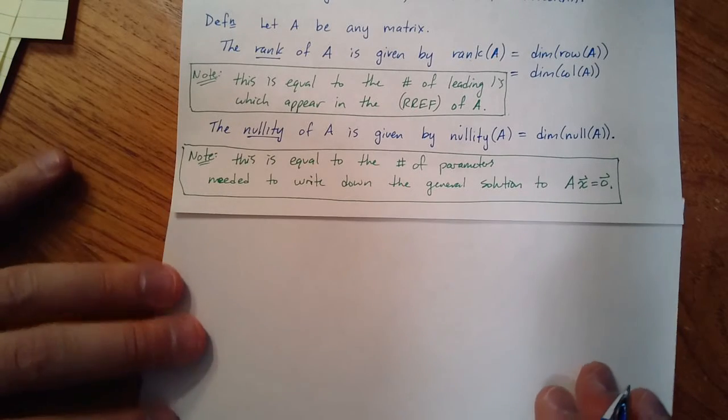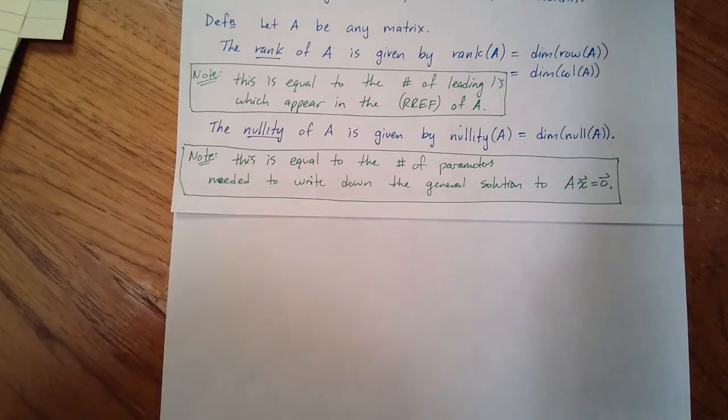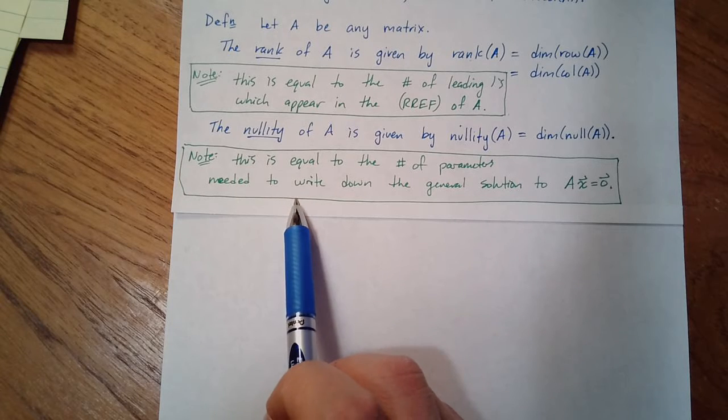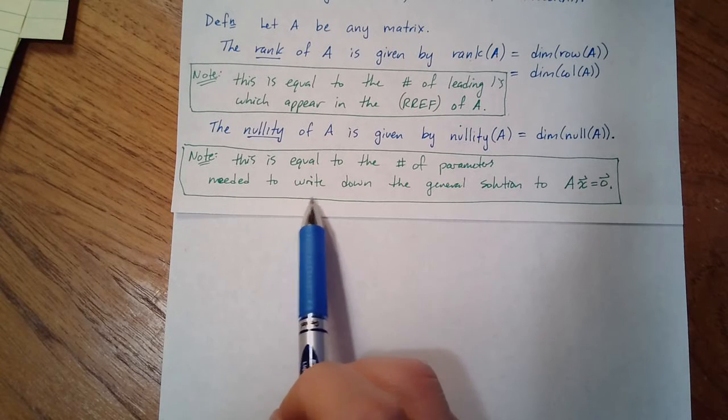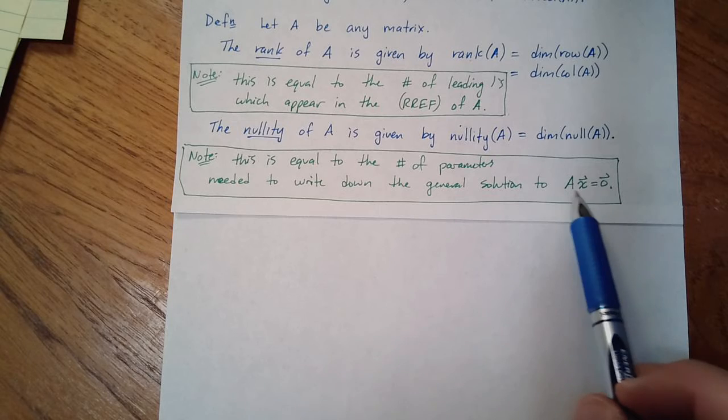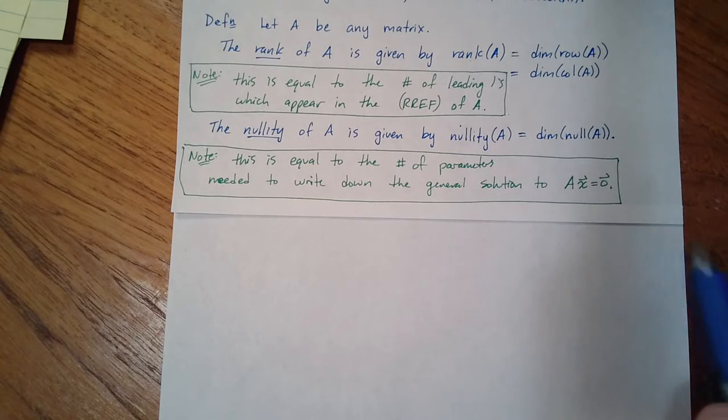Because think about this: how do you choose which variables are going to have parameters when you solve a system like this? Well, you'd write out the augmented matrix, you'd row reduce it as much as you can down to reduced row echelon form, and then you would assign parameters to all the variables that don't have leading ones.